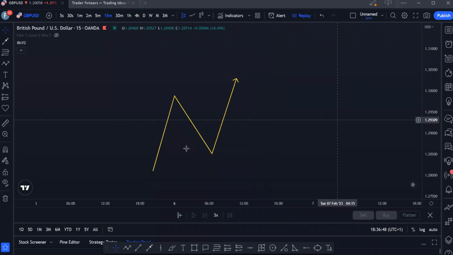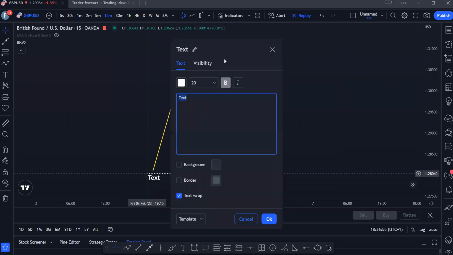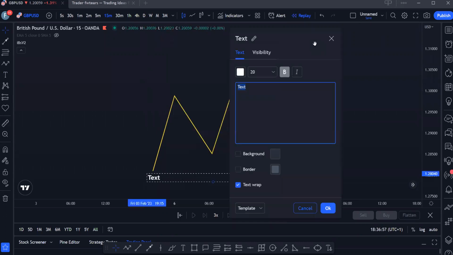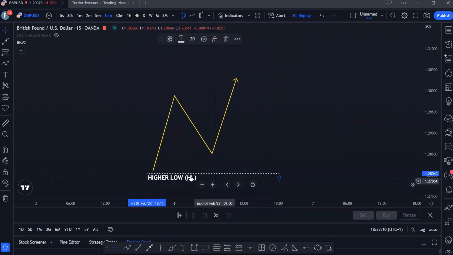In an uptrend, the first part of an uptrend is called the higher low, or HL.